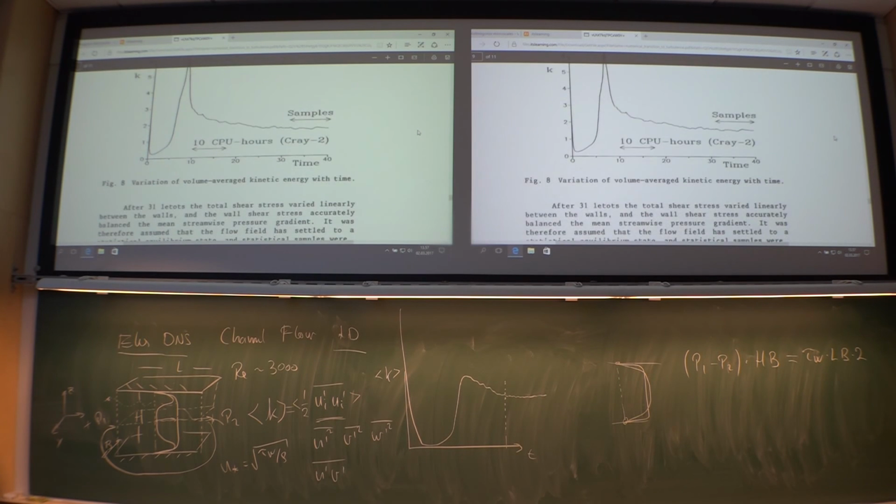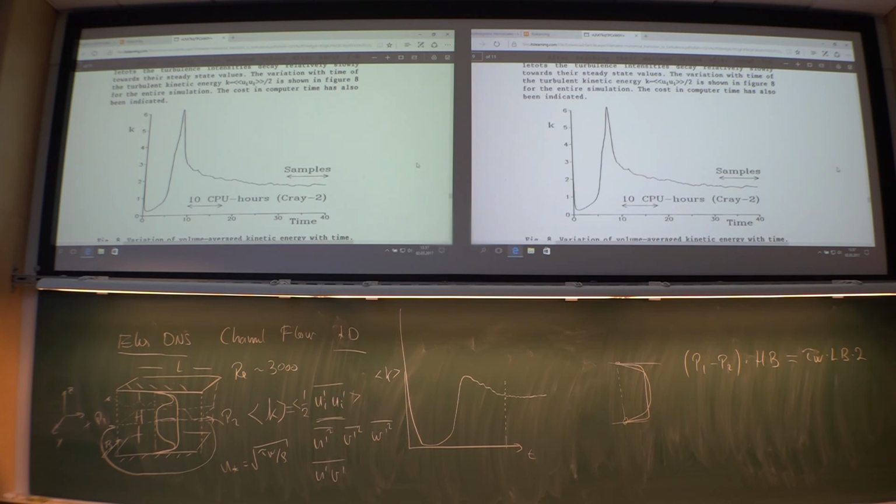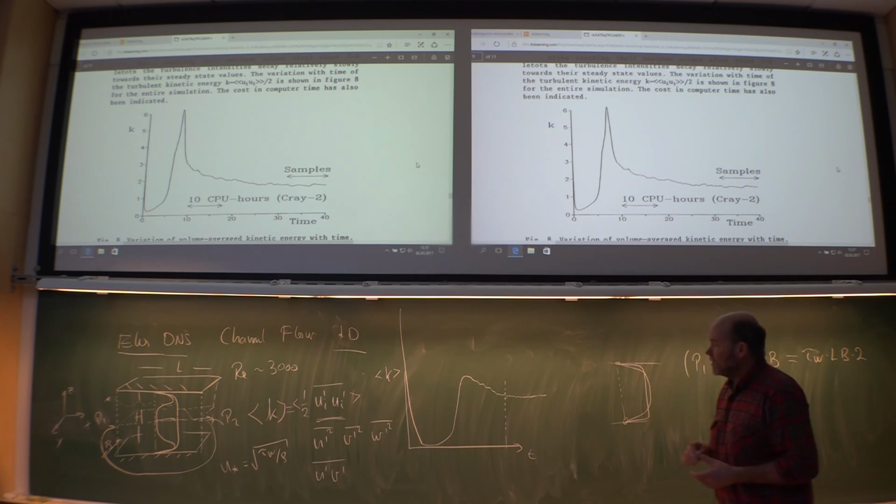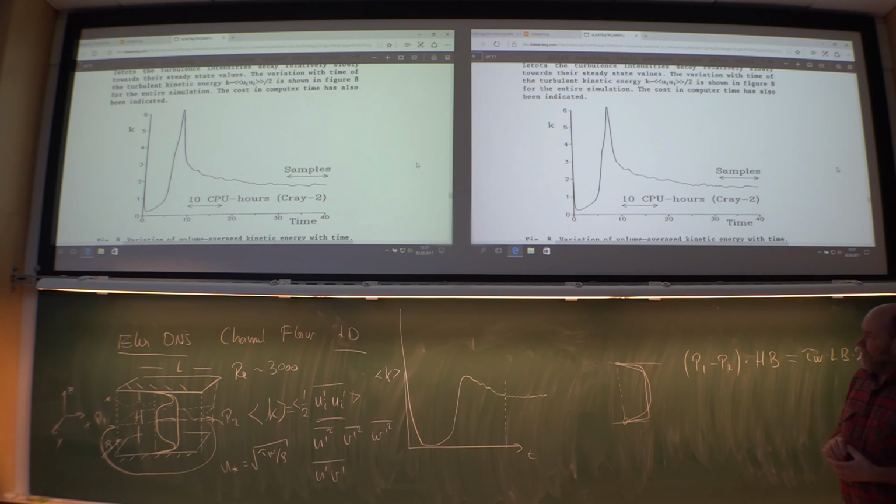So here, after 30 time units, I could start taking samples, achieving good statistics for finally obtaining any answers from this simulation.